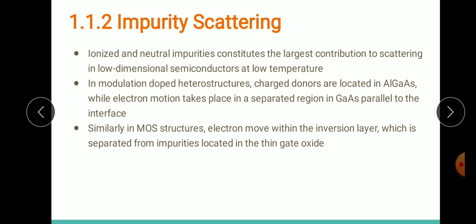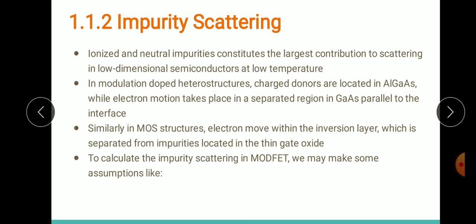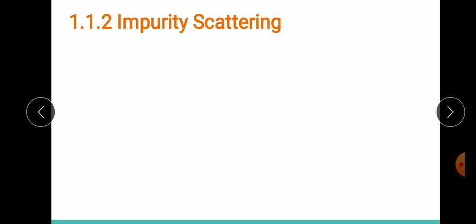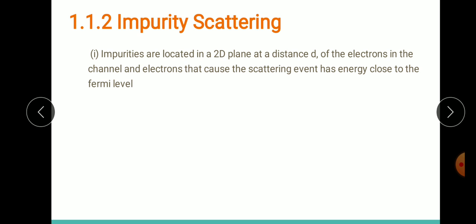Now what are the things that we must consider when we want to calculate the impurity scattering in MOSFET? While determining the impurity scattering in MOSFET, we take into consideration certain assumptions. We assume that the impurities are located in a 2D plane at a distance d from the electrons in the channel, and the electrons that cause the scattering event have energy close to the Fermi level.